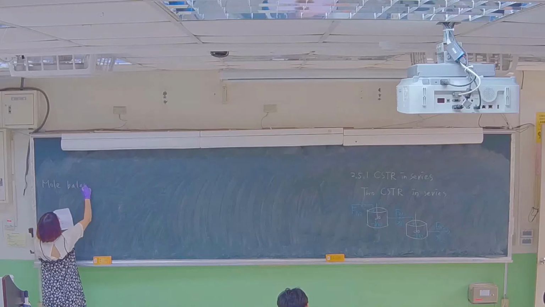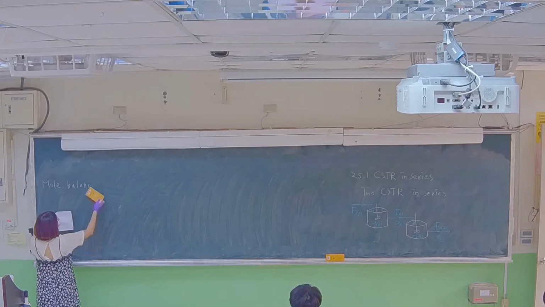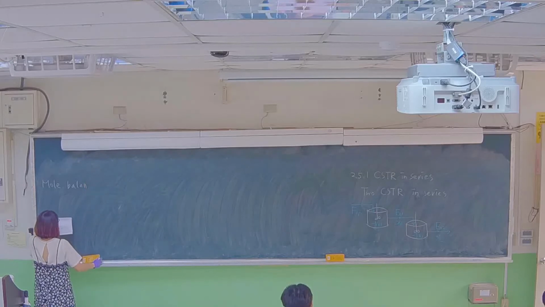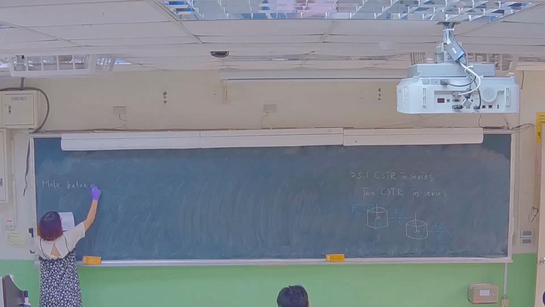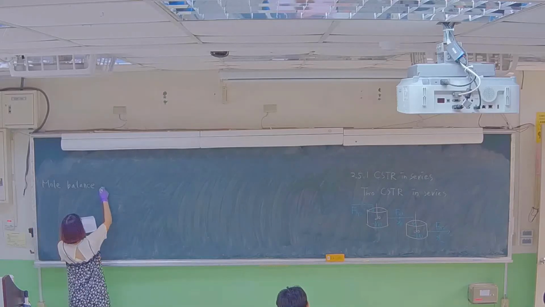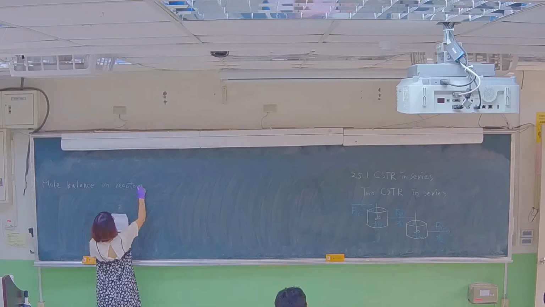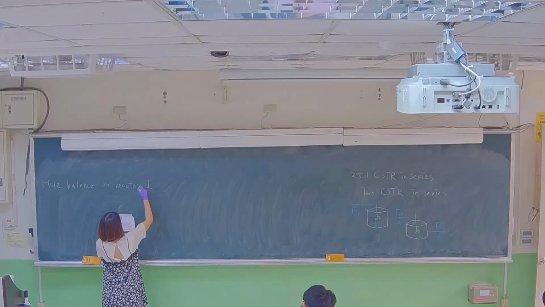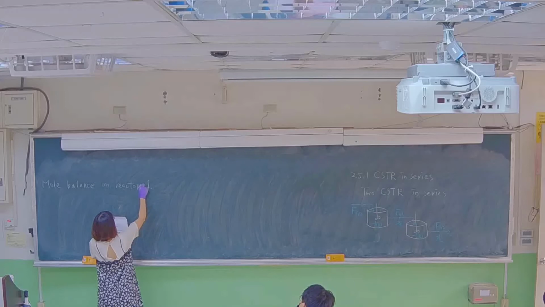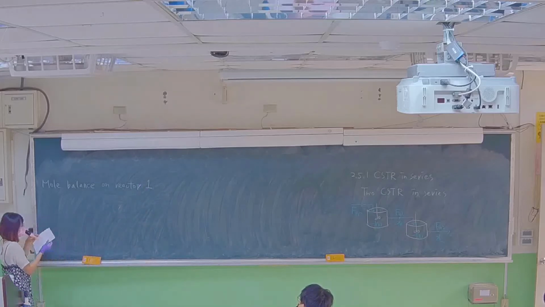So mole balance. Let's have a mole balance on reactor 1. Okay, on the first reactor. Mole balance on reactor 1. You can write this down at this slide 27.